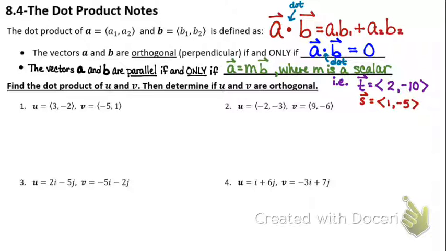Could you multiply vector S, both of the parts of that vector, the 1 and the -5, by something and get vector t? What would you multiply each piece by? 2. That means they're parallel. So t is equal to 2 times S. So that means these are parallel.